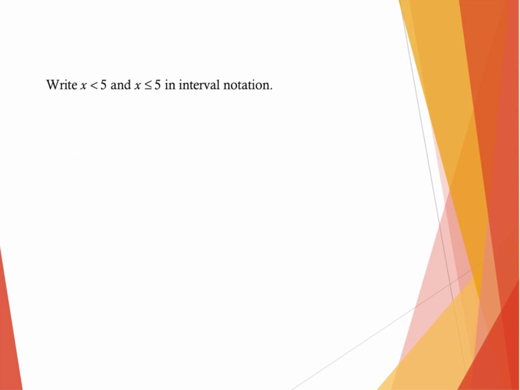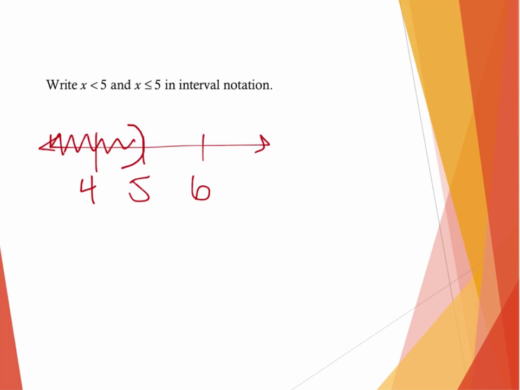Let's try it again with the less than symbol. X less than 5. Since we're not including 5, it's a rounded bracket, and we're going in the less than direction. When I'm going in the less than direction, I'm going towards negative infinity.